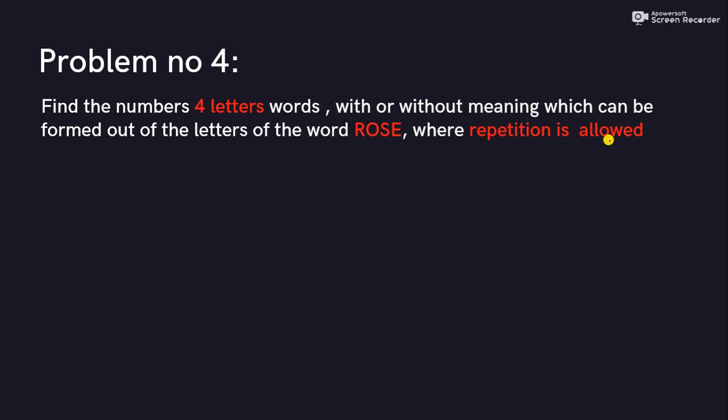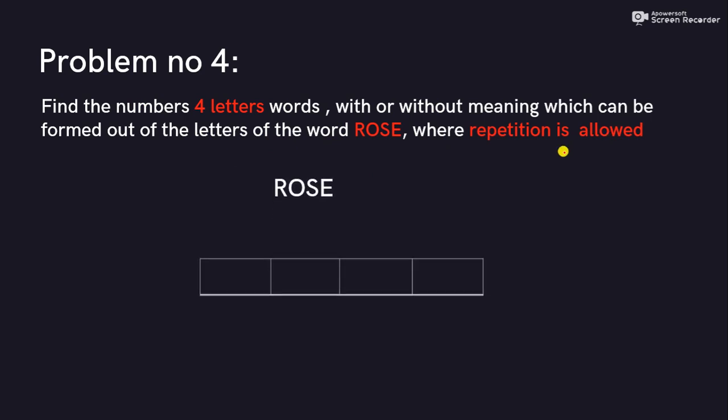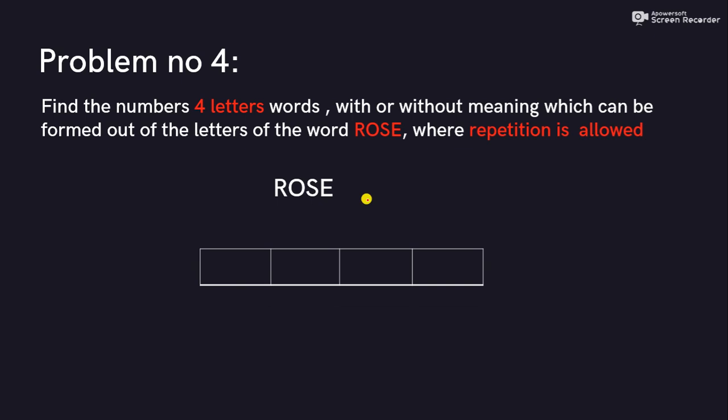So we have ROSE, and from it we are going to form four letter words with or without meaning, and the condition is we can repeat the letters.